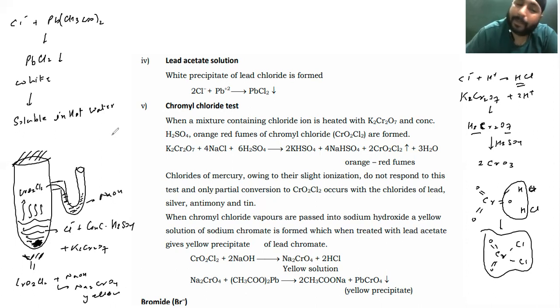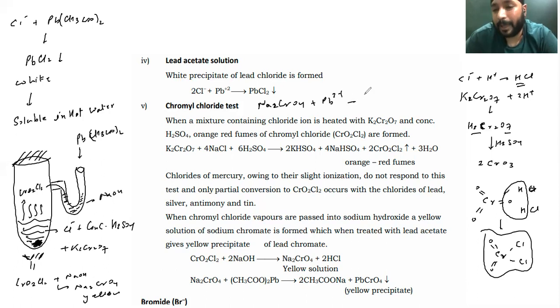And after that, you can also add lead acetate. Sodium chromate reacts with lead acetate to form lead chromate, PbCrO4, which is again a yellow precipitate.